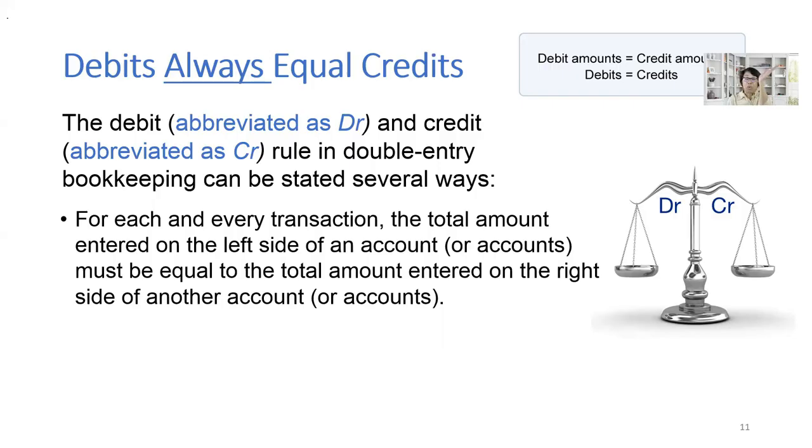I credited my bank account. Credit makes your bank account go down, but it's on the left side. No, it's on the right side. And I debited my automobile account on the left side because it's an asset. So I debited automobiles and I credited my checking account.